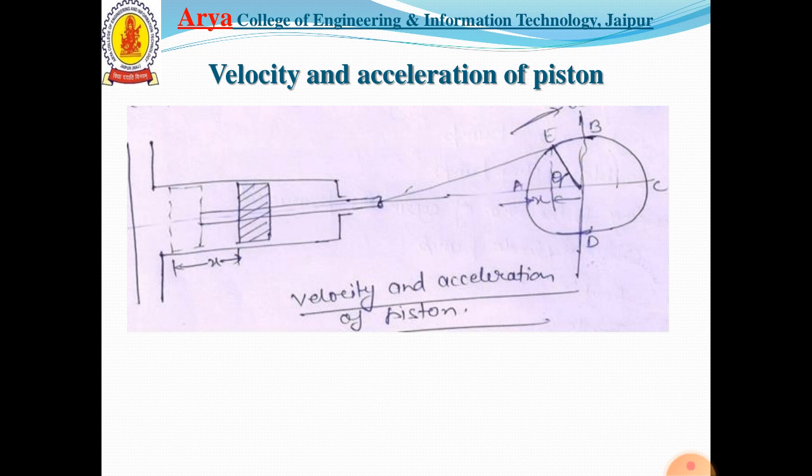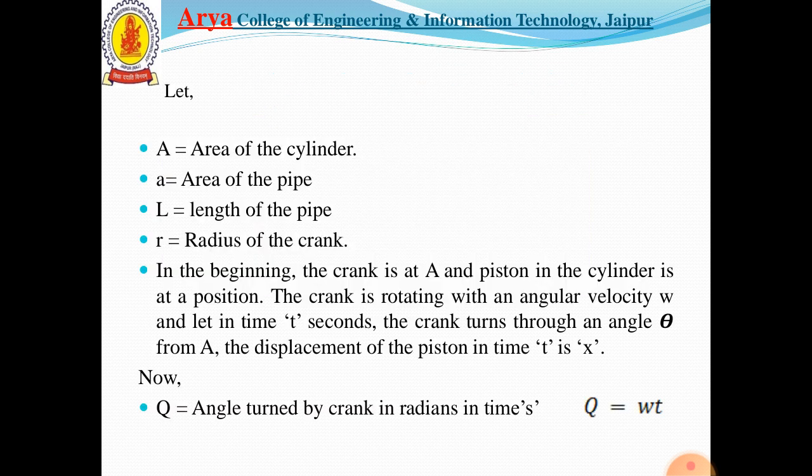The line diagram of the single acting reciprocating pump is shown in the figure. Consider the position of the crank instantaneously at point E with angle theta, at a distance of x from A, that is a point on the circumference of the circle made by the crank. Let A be the area of the cylinder, small a the area of the pipe, L the length of the pipe, and R the radius of the crank.